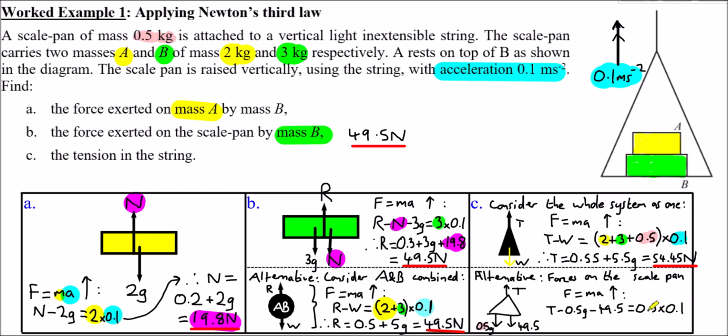So again, just to colour code where everything's come from. That's 0.5 for the scale pan, and 0.1 is the acceleration.